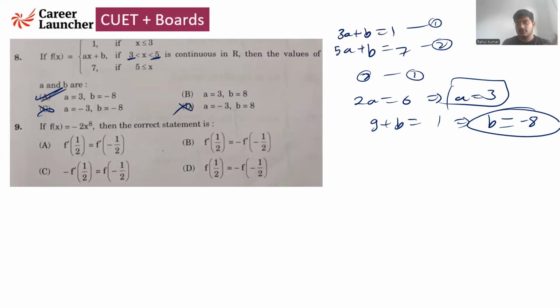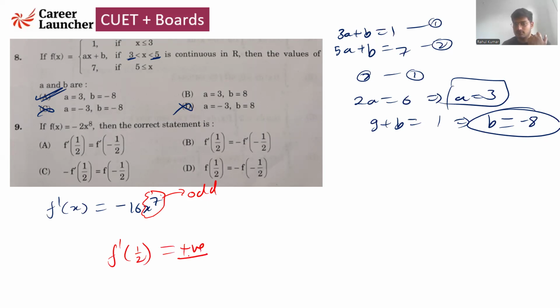Now we have a different question. f of x is given, which of the following statements is correct? First, I will find f dash x, which is minus 2 8s are 16 x to the power 7. Now, this function is an odd function. Now, if you find f dash of 1 by 2, it will be a negative value.